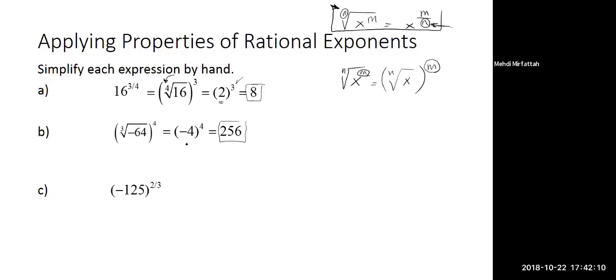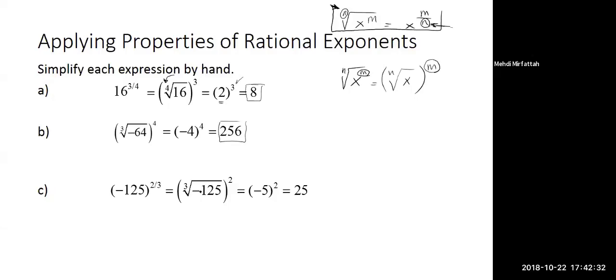256. Next one, we have minus 125 to the power of 2 over 3. Remember that your root is 3, the number at the bottom of the fraction. So we're looking at the cube root of minus 125, and then we're going to raise the result to the power of 2. Minus 125 is also perfectly cubed.